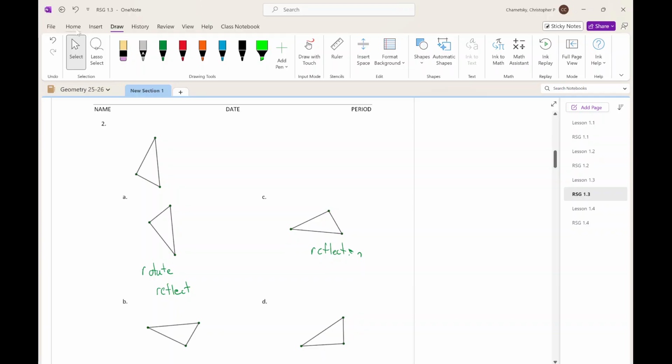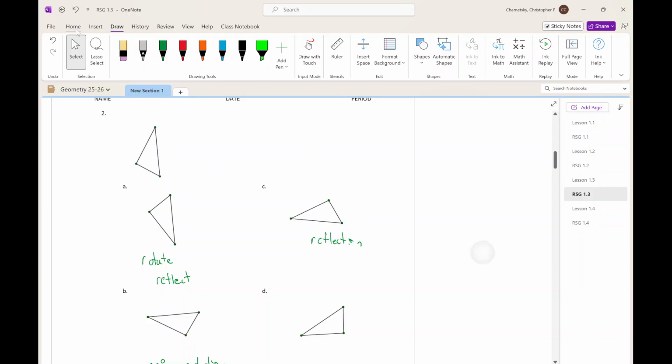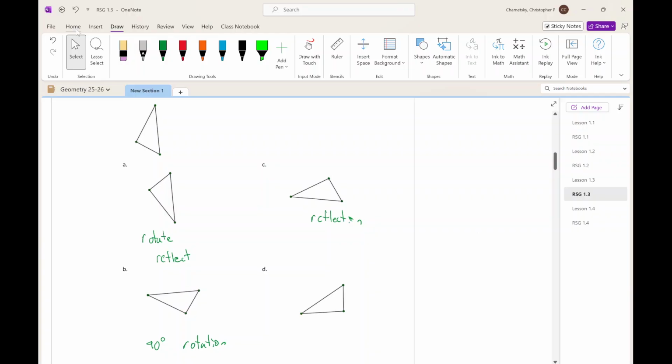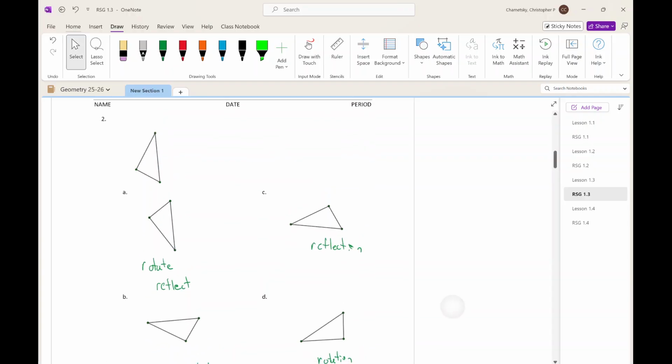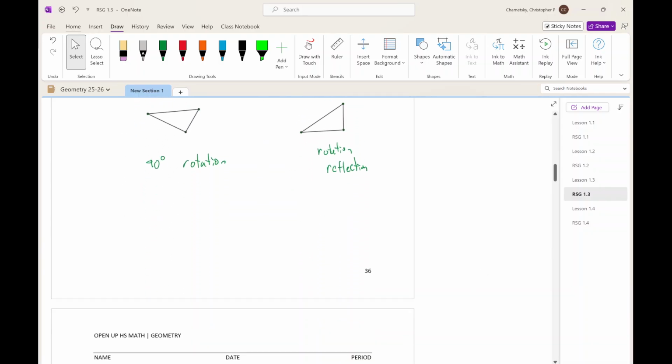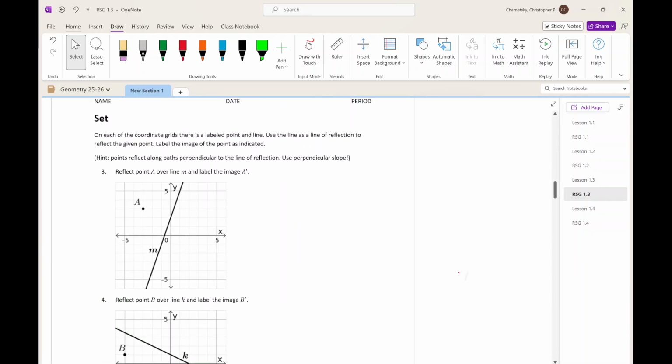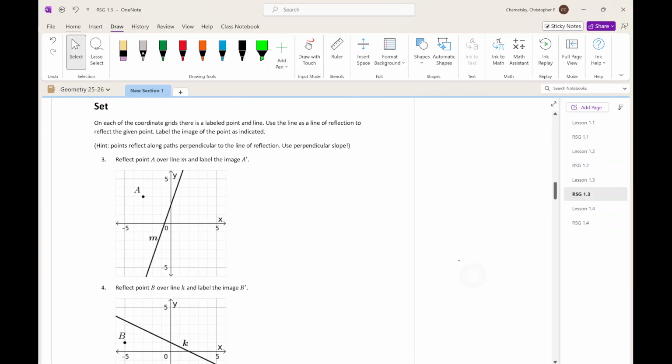And for D, we're going to have to do two things here. We're going to have to rotate and then reflect. And that takes us to our set.